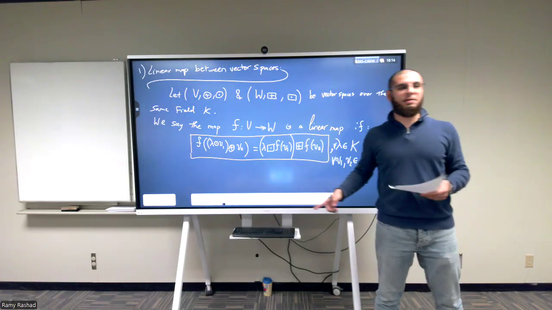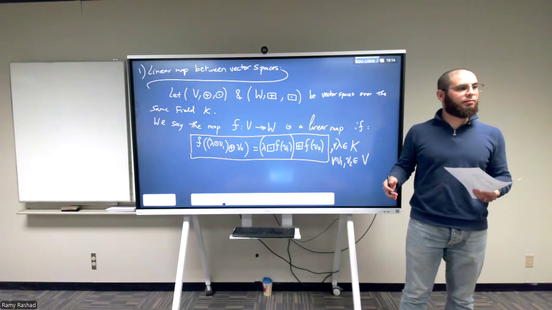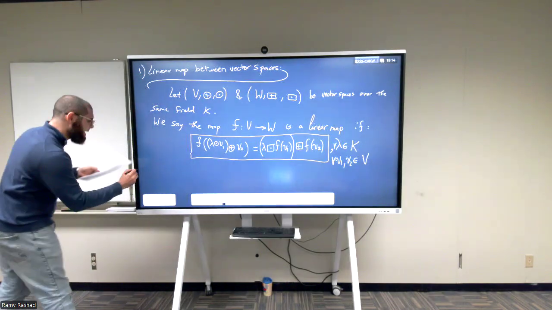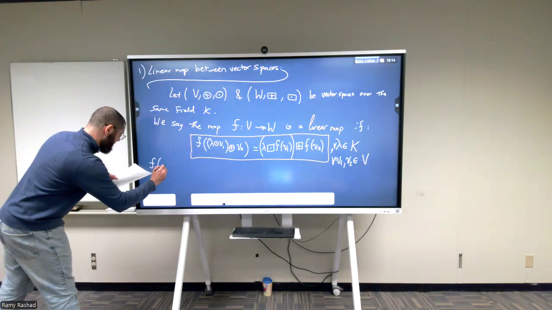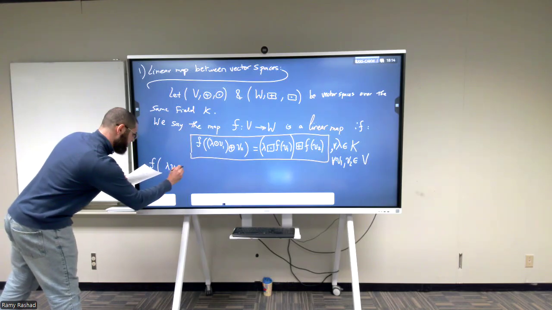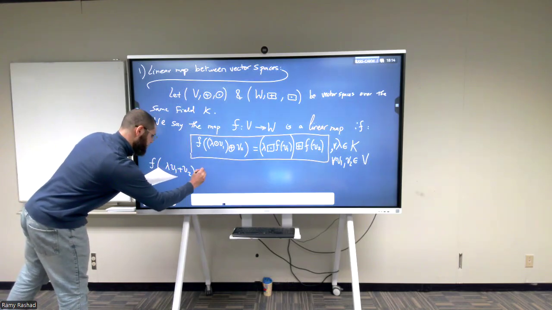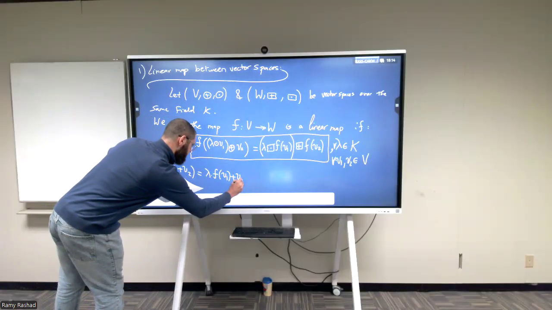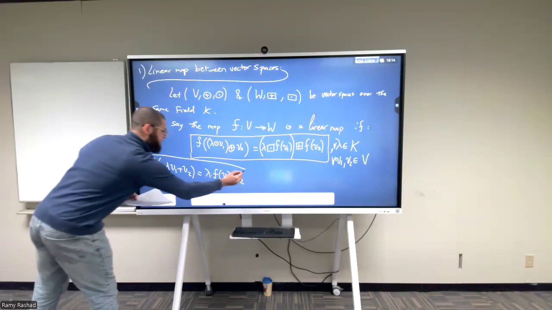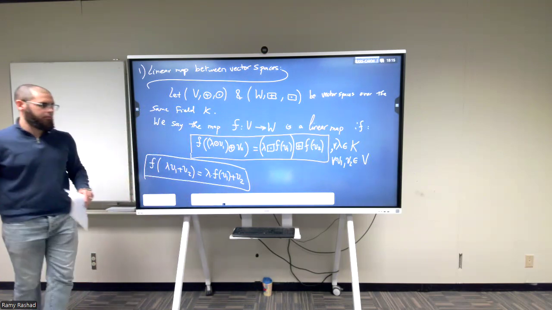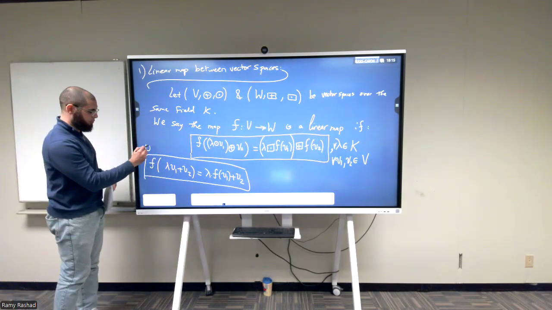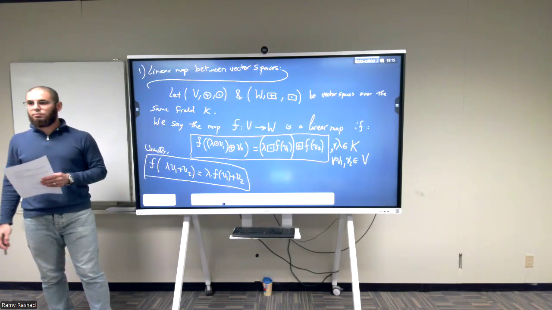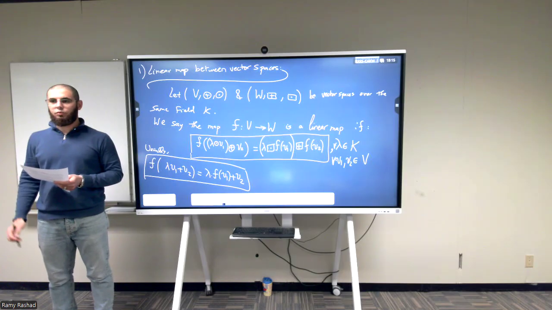You've seen this many times before, but in a much different way. You've seen it like this. Usually, you say a linear map is something that satisfies this condition. Have you seen this before? Usually, what's an LTI?